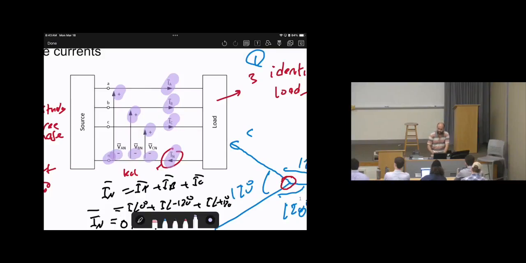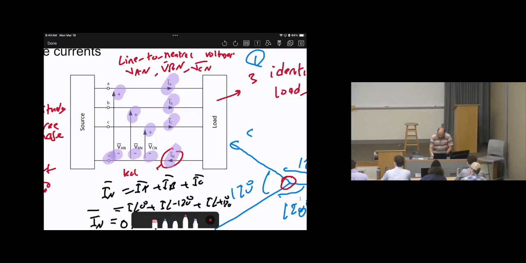So we have VAN between conductor A and the neutral, VBN between conductor B and the neutral, VCN between conductor C and the neutral. Okay? So we have 4 currents and 3 line to neutral voltages. We say this as line to neutral voltages, which means we have VAN, VBN, VCN.